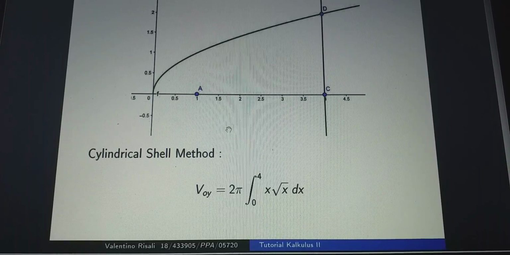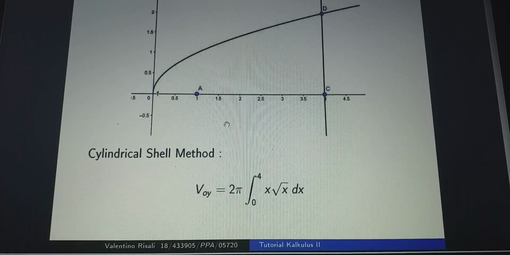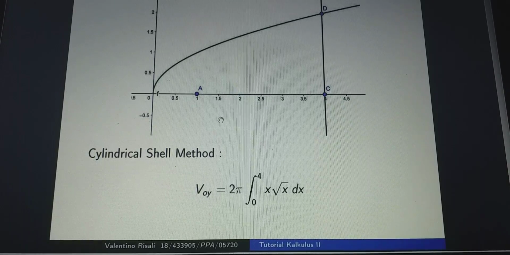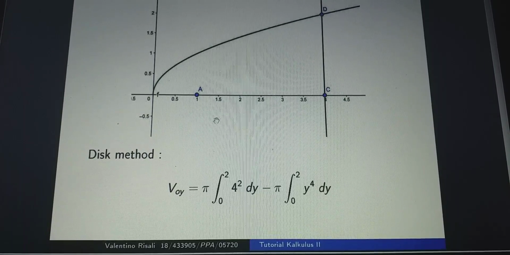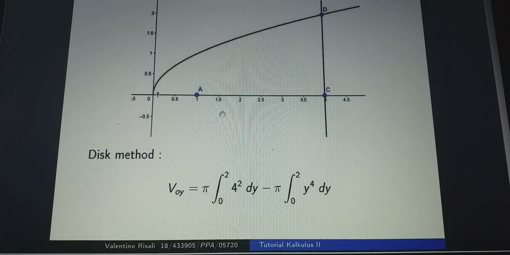So what if we want to use the first method to solve this? We can also use this method, but with a little construction.